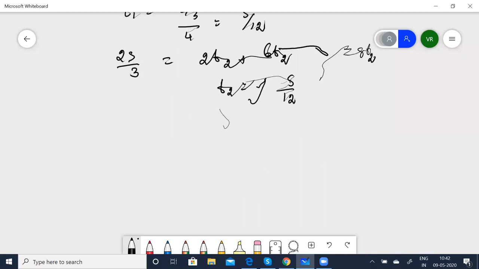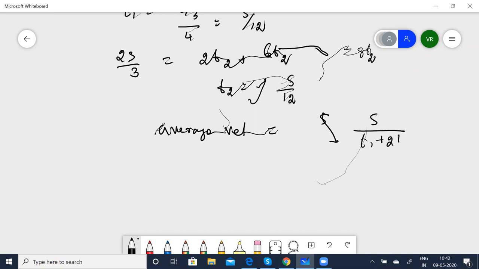So what is now the average velocity? Average velocity is the total distance by total time taken, so I can write average velocity is equal to S by T1 plus 2T2.